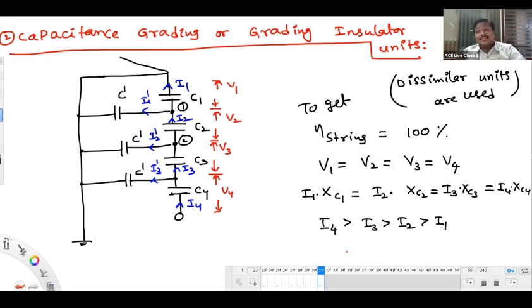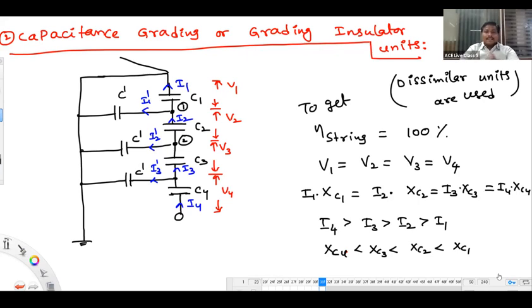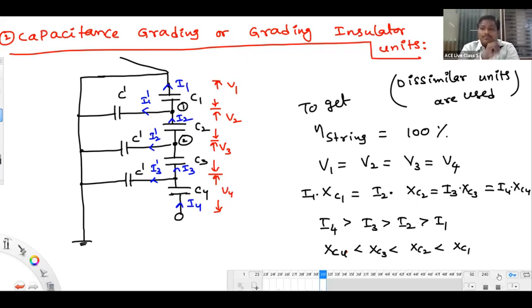Then how will be the reactances? Reverse order. Reactances will be in the reverse order, meaning XE4 is less than XE3, less than XE2, less than XE1. I'll show you in the next slide.